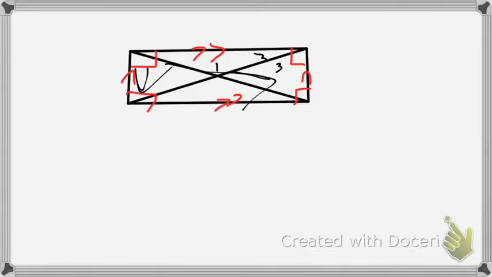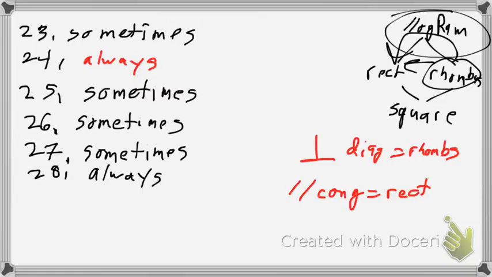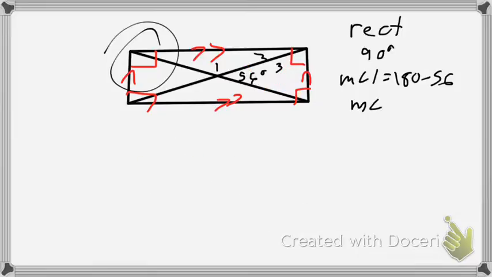And then opposite, we have another 90-degree angle. So it's a rectangle. So another measure, angle 1, is going to be supplementary to that 56. So we get angle 1 equals 124.